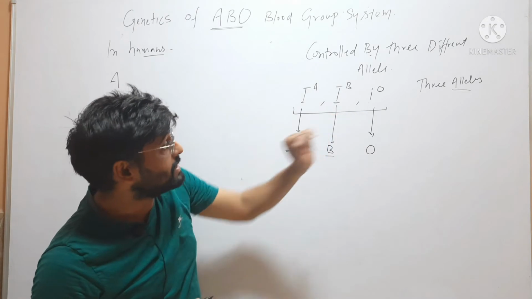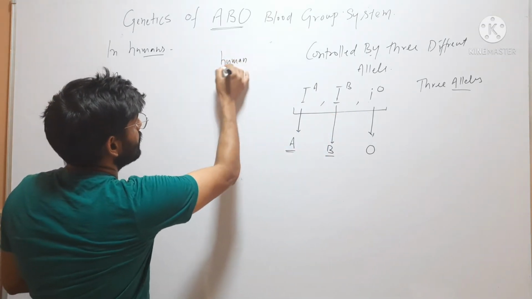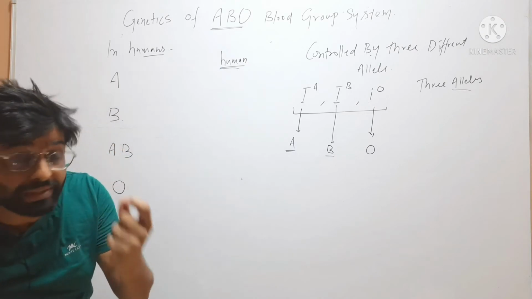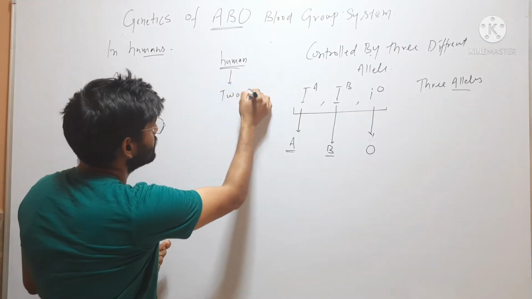Out of these three alleles, in a single human individual, only two alleles are present.